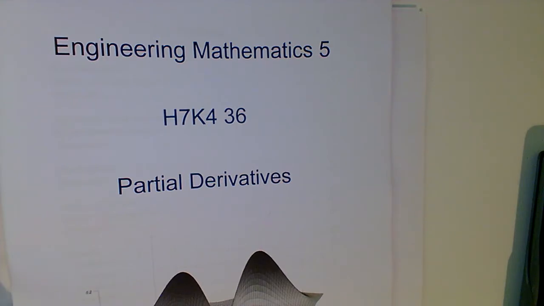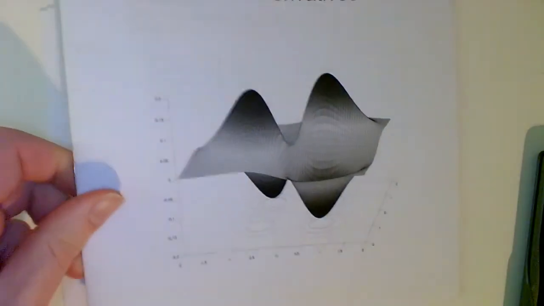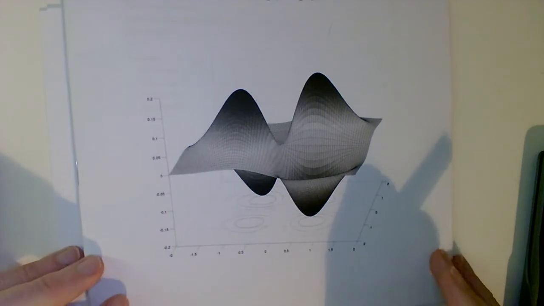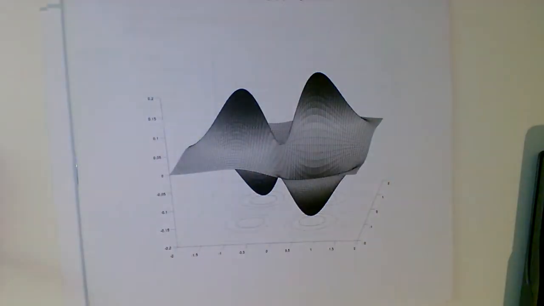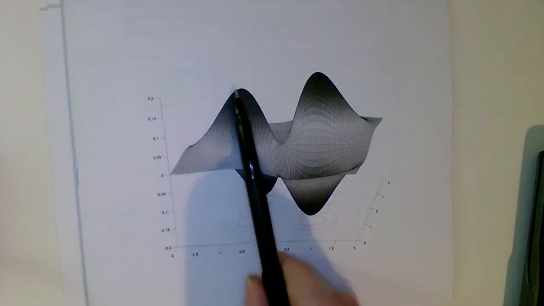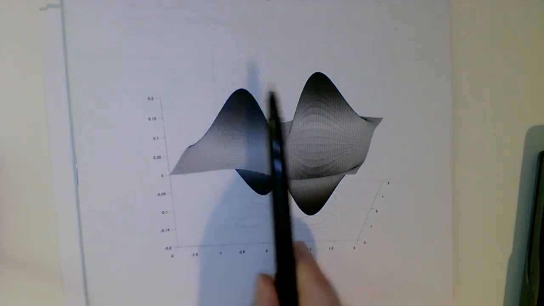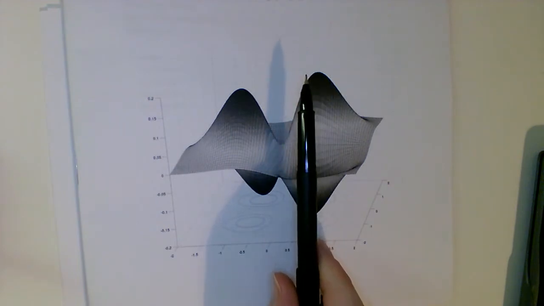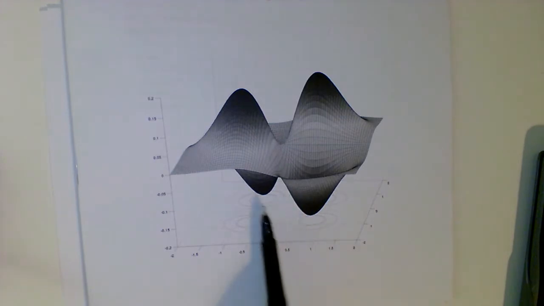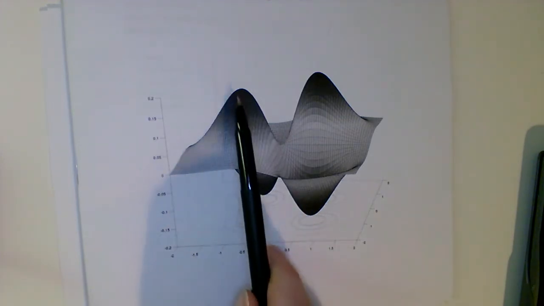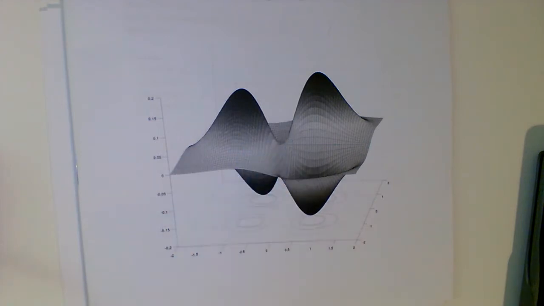Now, if you look at the picture on the front of this booklet, this is a surface. It's a three-dimensional surface. And as you can see on that surface, there are maximums here and here, like hills. There are minimums going down here and going down here. And then in between the two maximums is a thing here called a saddle.